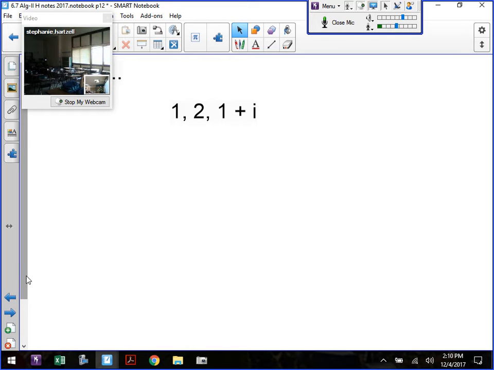For example, polynomial of least degree with zeros of 1, 2, and 1 plus i. Correct, because you can't have one without the other. That's the idea.